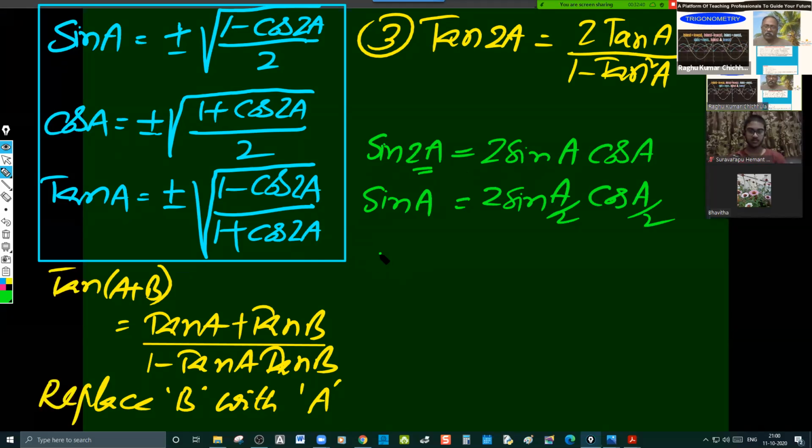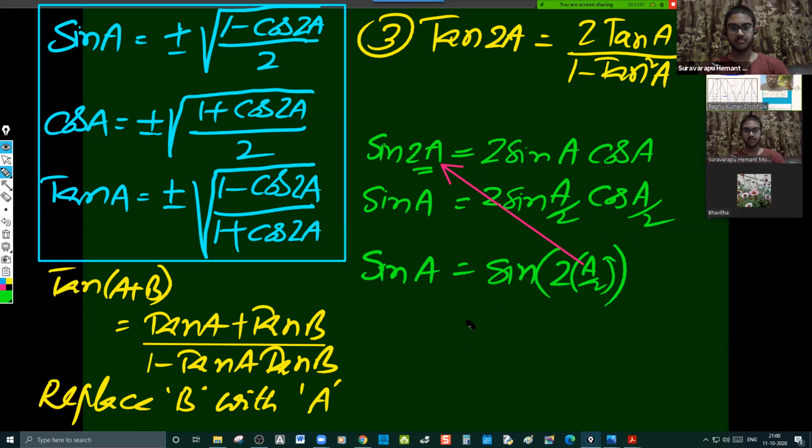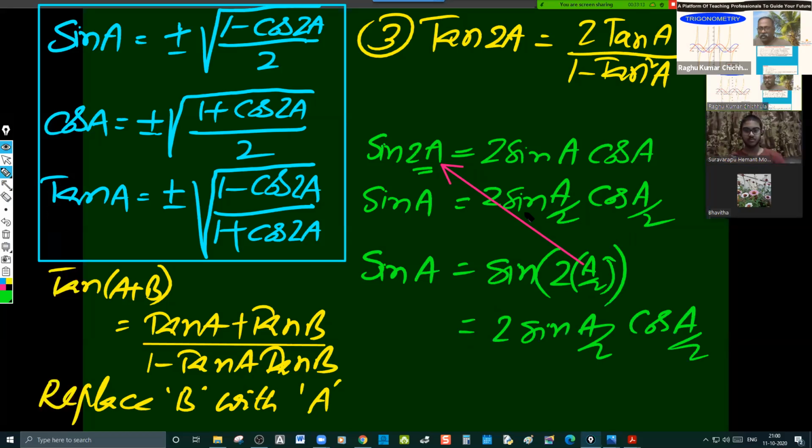Another way also I'll tell you. Sine A can be written as sine of 2 into A by 2. Now, in this one formula, replace A with A by 2, that's it. Then it will be 2 sine A by 2 cos A by 2.